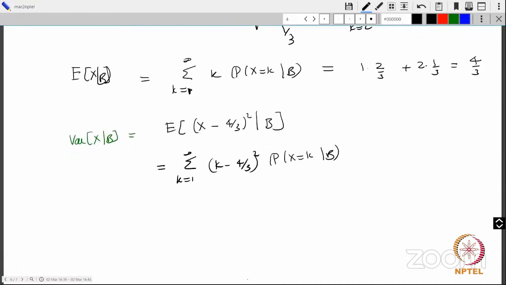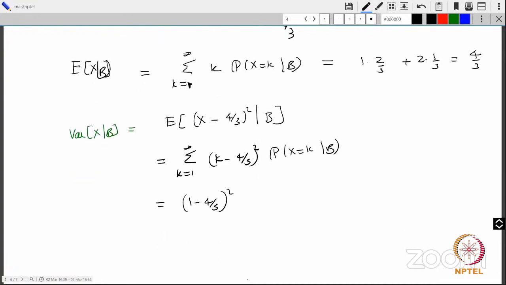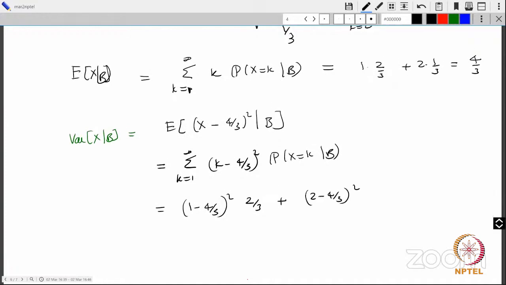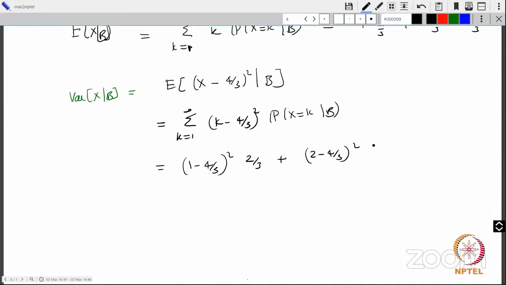When k is equal to 1, I have 1 minus 4/3 the whole squared times 2/3, plus 2 minus 4/3 whole squared times 1/3.